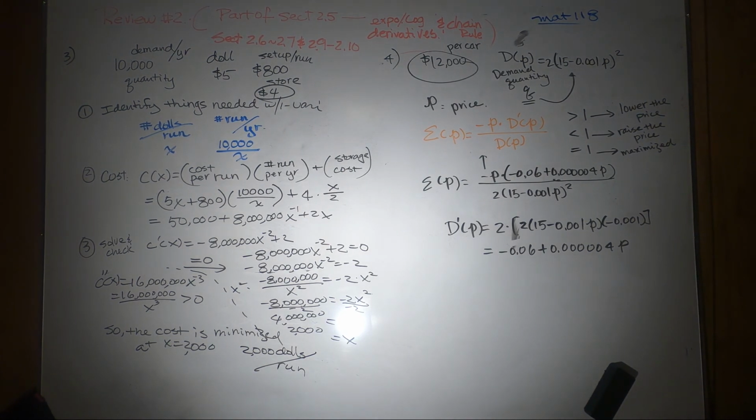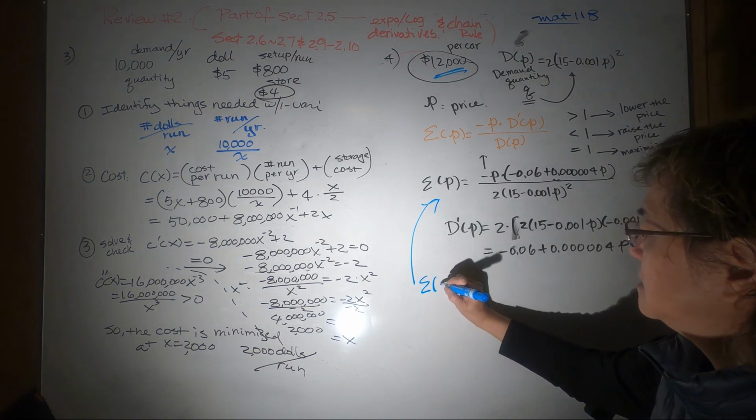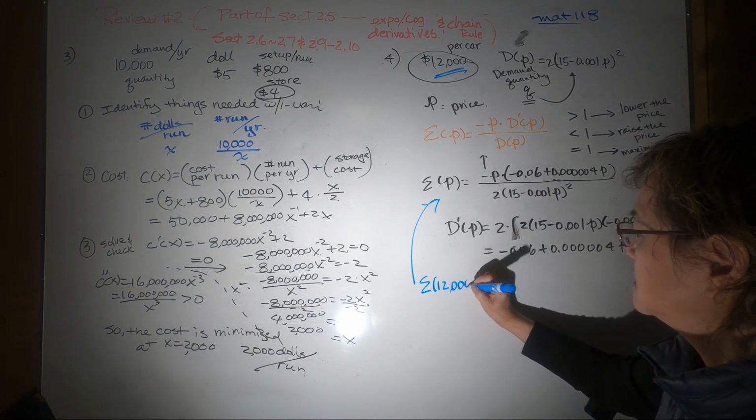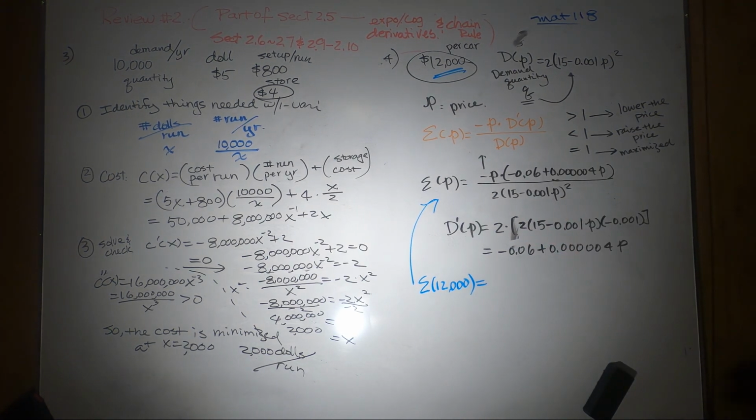So how do you find your E value? You have a starting point, which is here, $12,000. You want to go from there up or down or remain the same. That's your P. So you need to plug 12,000 into that equation, right?